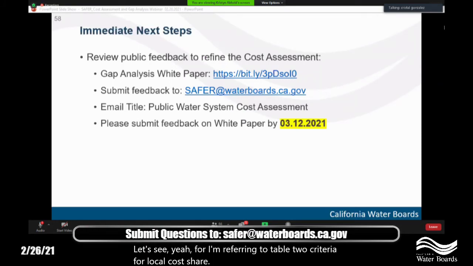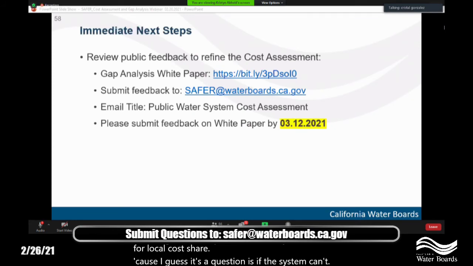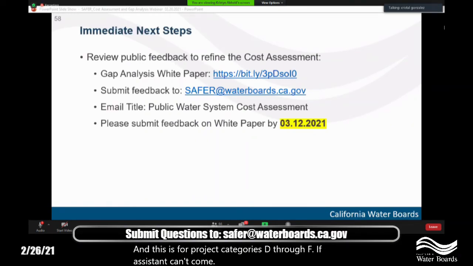For project categories D through F, if a system can't come up with the amount indicated there and maintain the target rate, would funding go up to meet this need, or would this require action or decision making by the board?